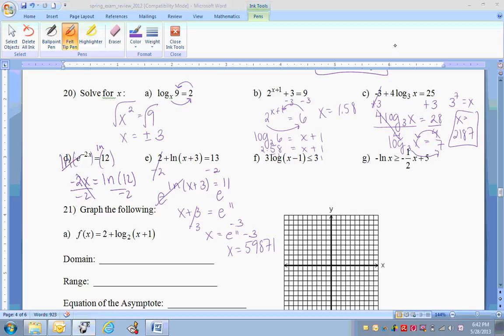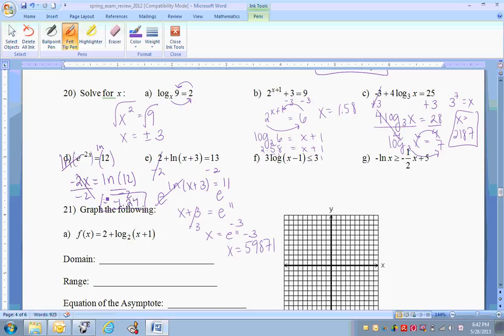And when you type that into your calculator, ln of 12 divided by negative 2 equals negative 1.24.